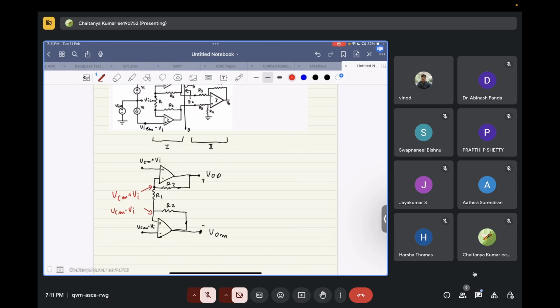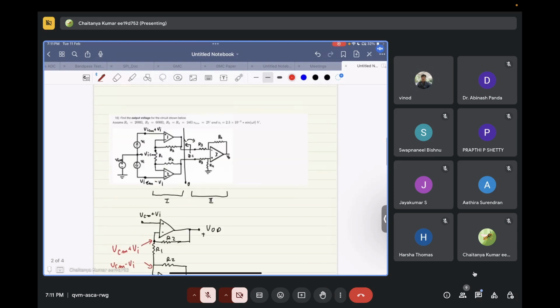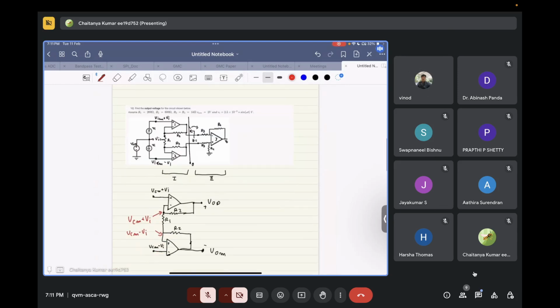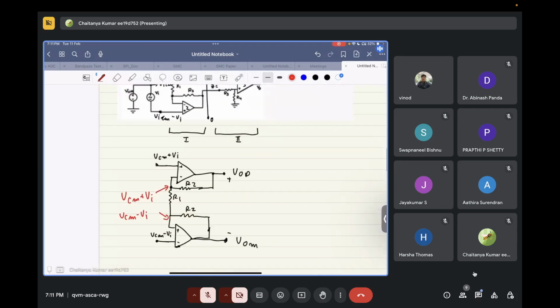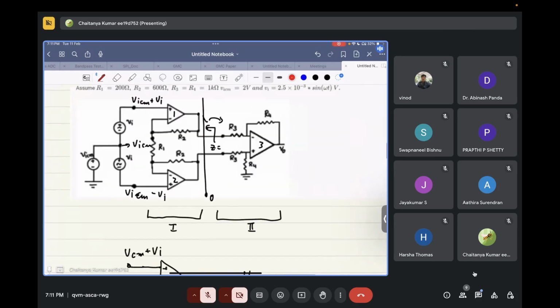This is a linear circuit, right? So if this is a linear circuit, the superposition principle can be applied, correct? So if the superposition principle can be applied, let's assume initially Vi to be zero.